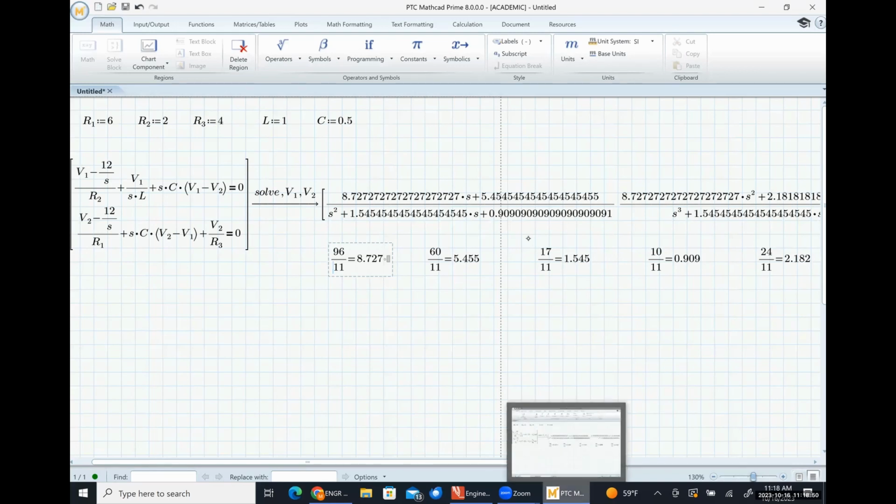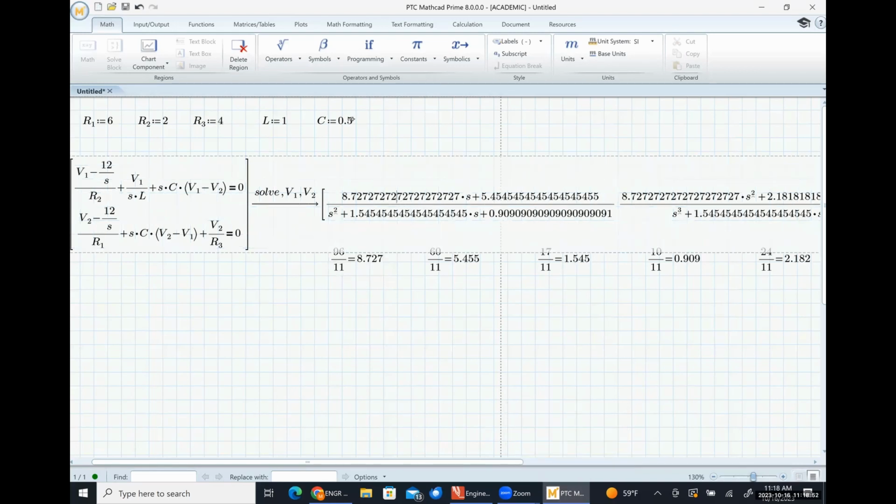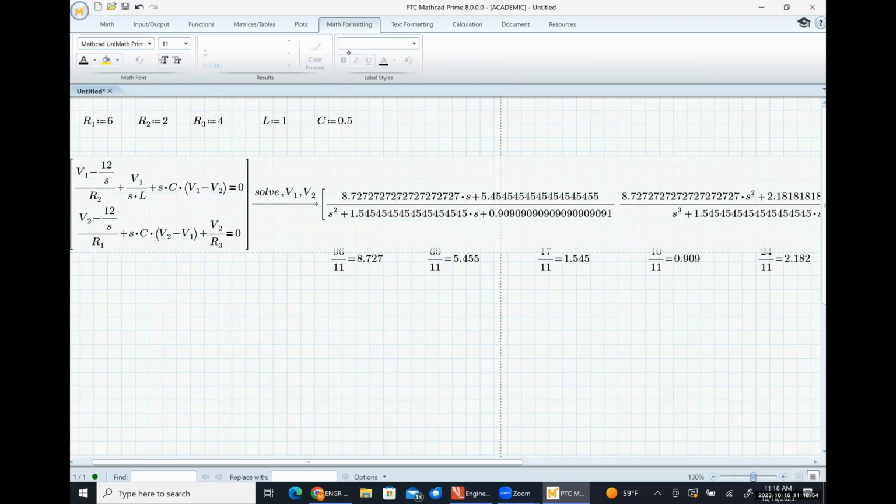So if I go into math formatting, which is where I would expect to be able to do all that kind of good stuff, everything's already kind of blacked out, meaning it won't let me select my normal answers. Let's see if I go into text formatting. Nope, that's literally just for text.